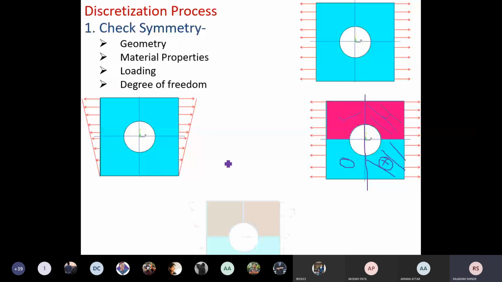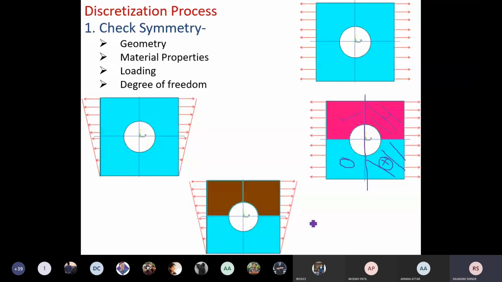Now next one, you see this case. Here this material is different, this material is same to this one, but it is different from this one. Now this is same material and this is same material, that means these two materials are same. This geometry is not symmetric, that means here this size is bigger than this size.